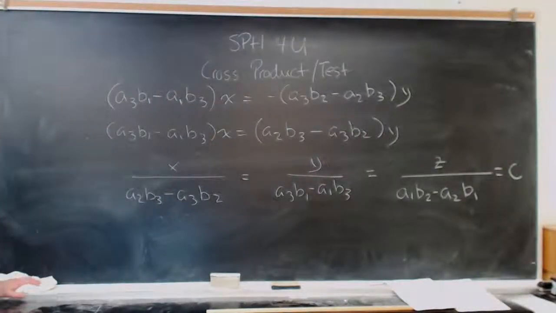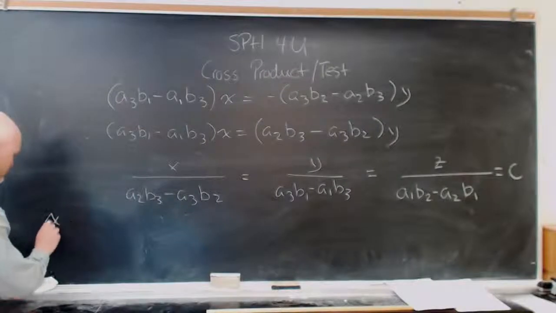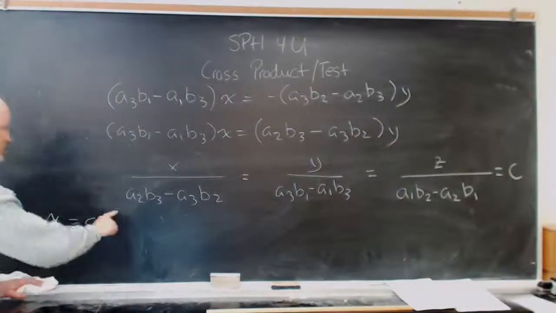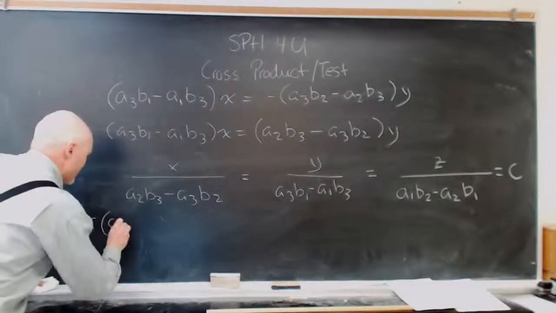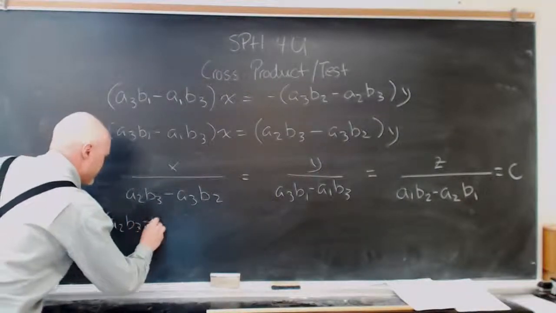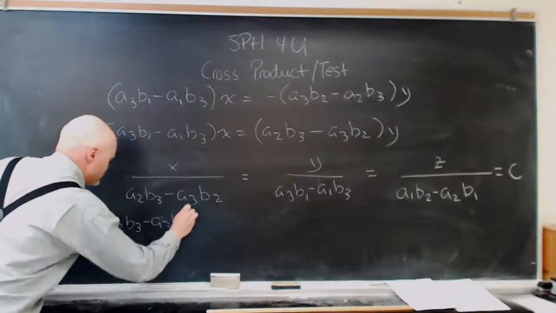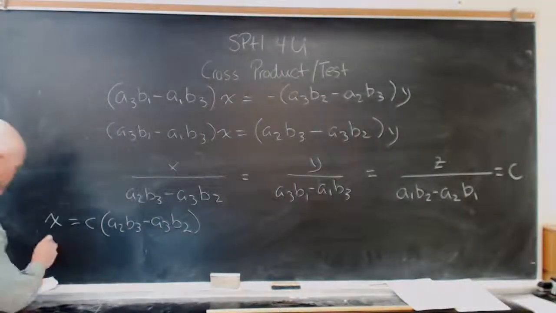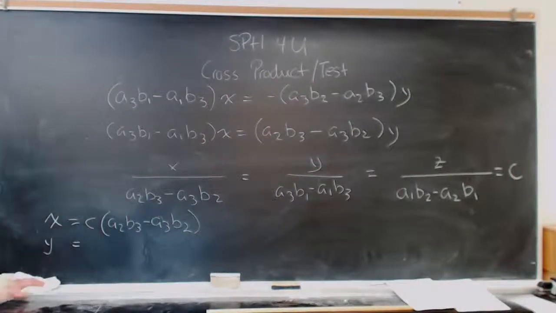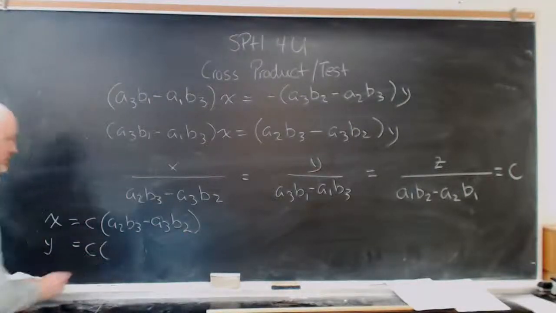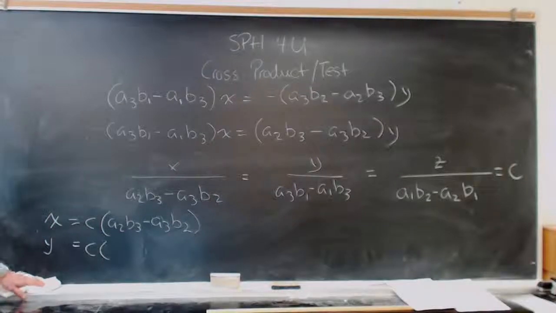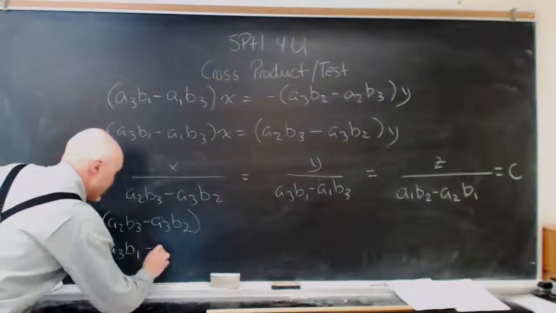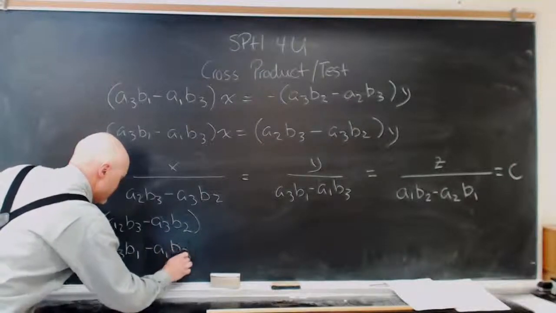So we could say that x is equal to C times A2B3 minus A3B2. We can also see that y is equal to C times A3B1 minus A1B3.